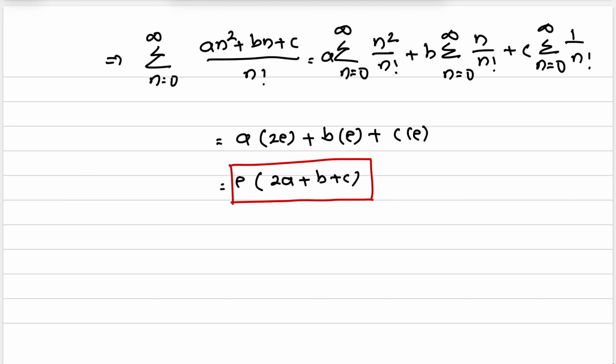Now, it is given that sigma n is equal to 0 to infinity an square plus bn plus c by factorial n is equal to 7. It is given.